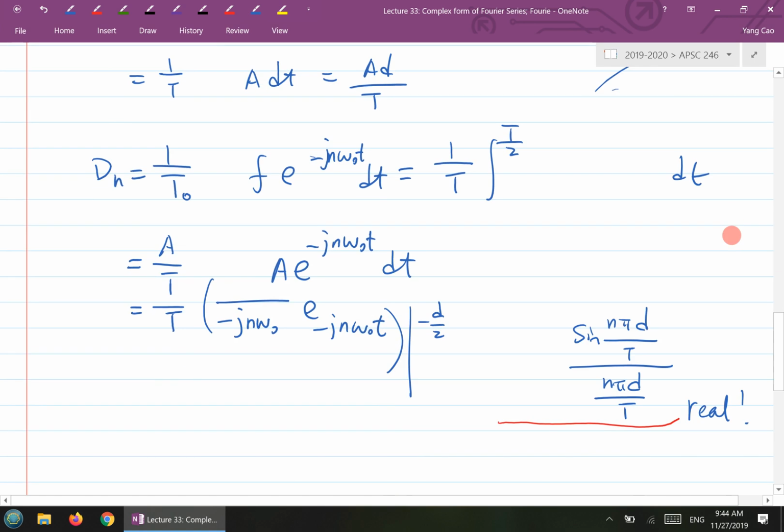Sorry, what's the question? Is there a t at the end of 1 over negative j n omega naught? Or is there no t, because this is the integration, like the integral of negative a dt. So you end up with negative a at the bottom. This is the integration result.